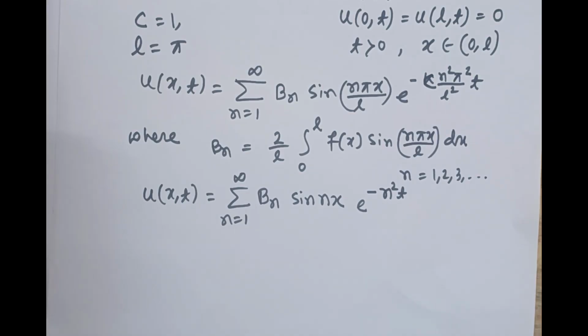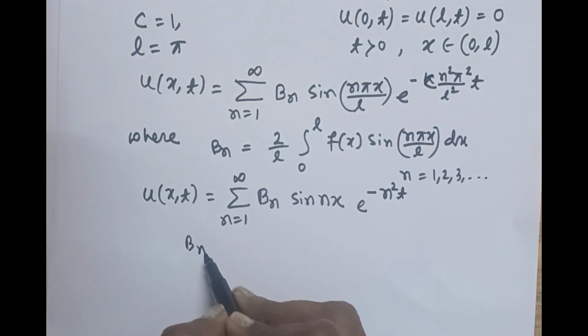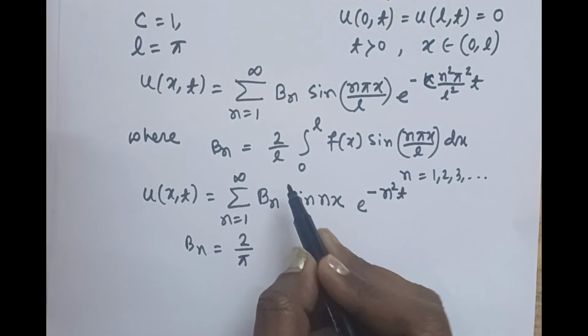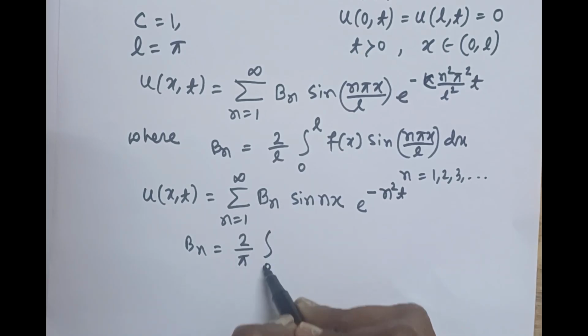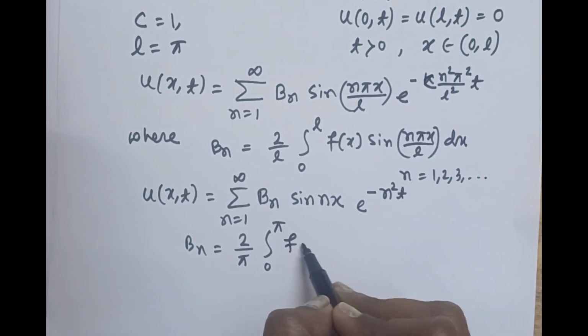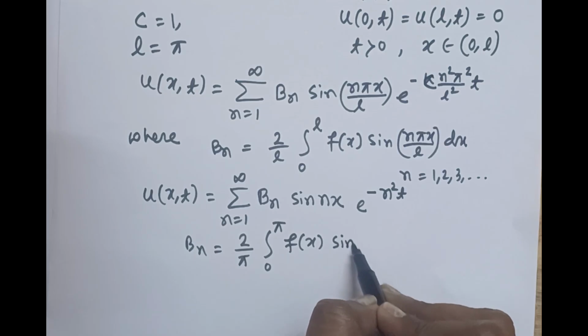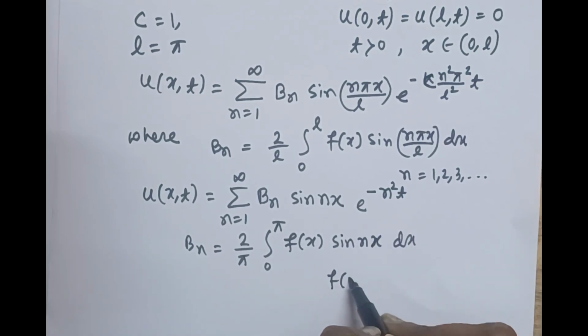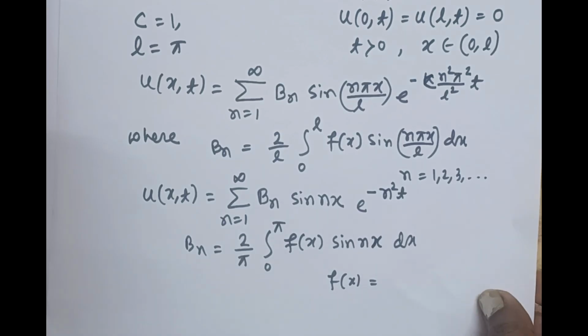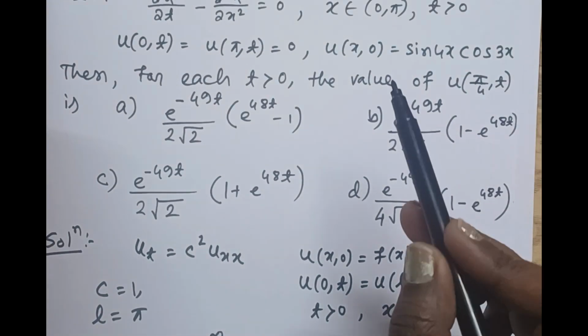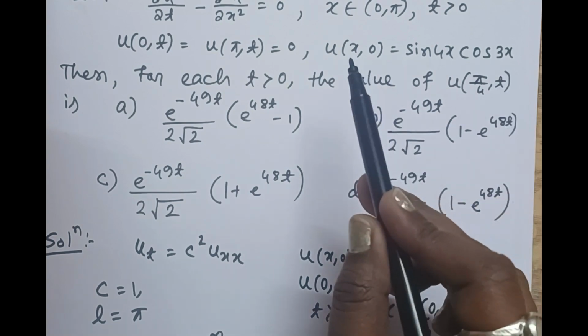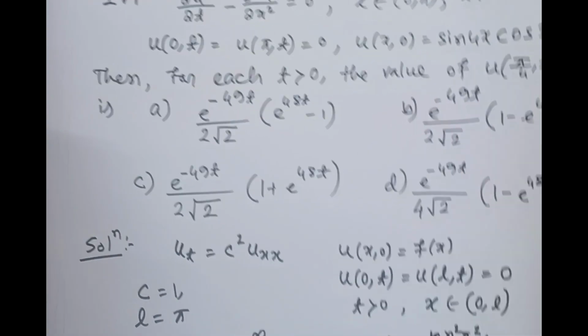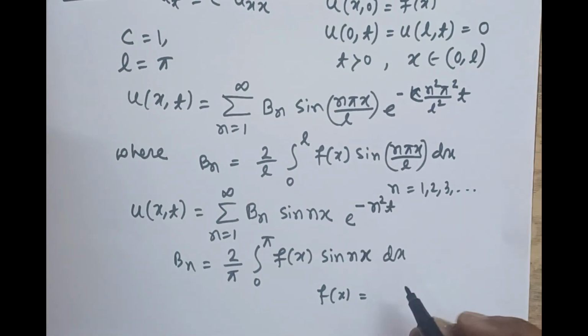And then bn equals 2 by pi integration 0 to pi f(x) sin nx dx, and here f(x) is given in the question, f(x) equals sin 4x cos 3x, because u(x,0) equal to f(x) for the heat equation.